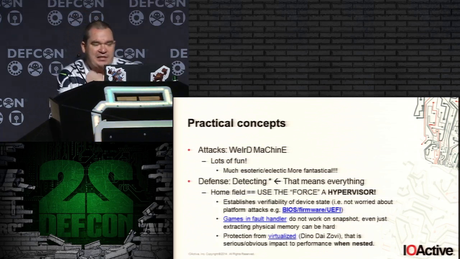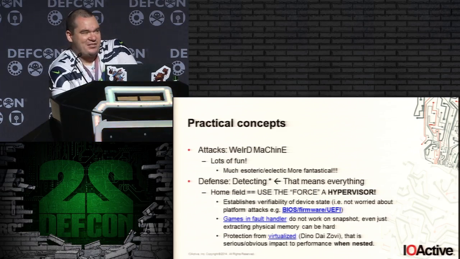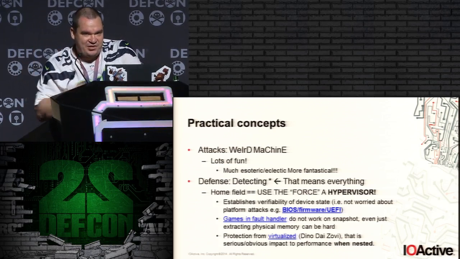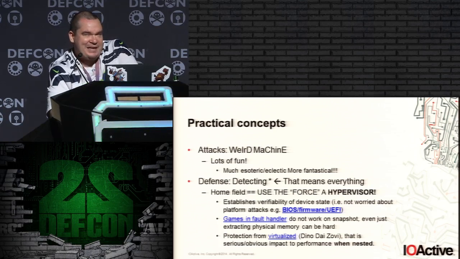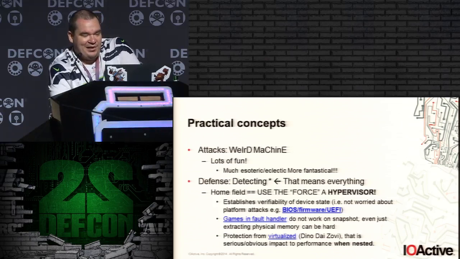So here are the practical concepts again. The weird machine attacks are awesome. I mean, finding the hidden machine in a custom application, or code and data intermixed in like a font, and that somehow triggers the GPU to do some kind of pixel shading to anti-alias your Retina display, and then that somehow enables that code to inject into some other memory and yada yada.